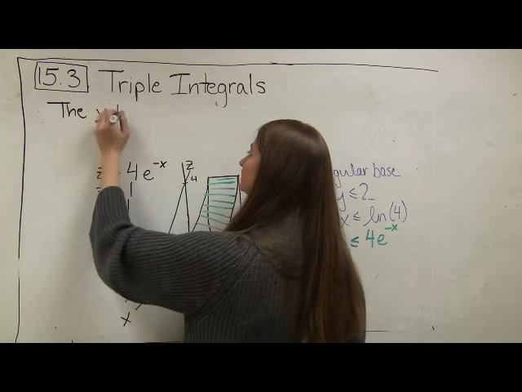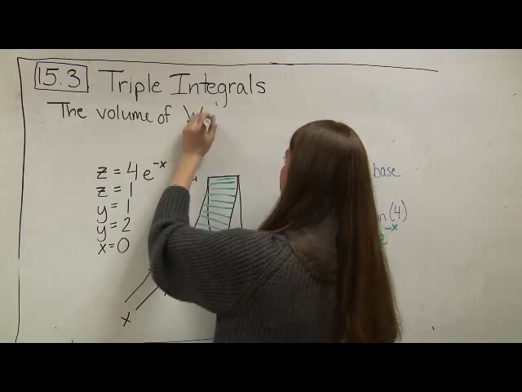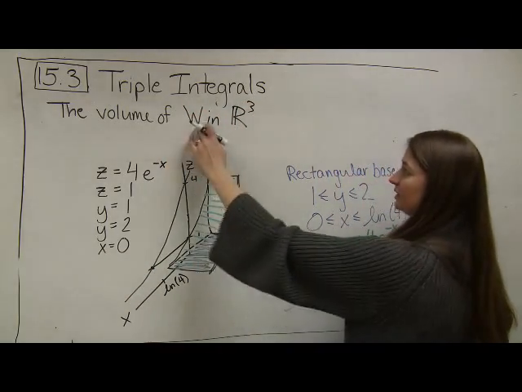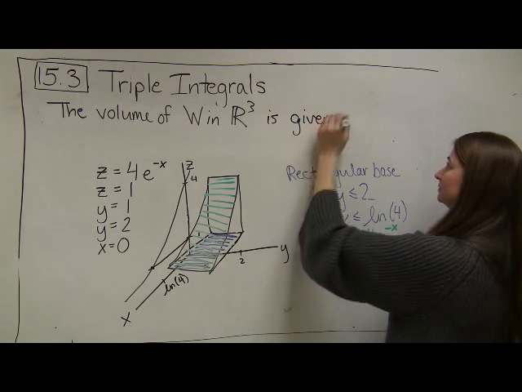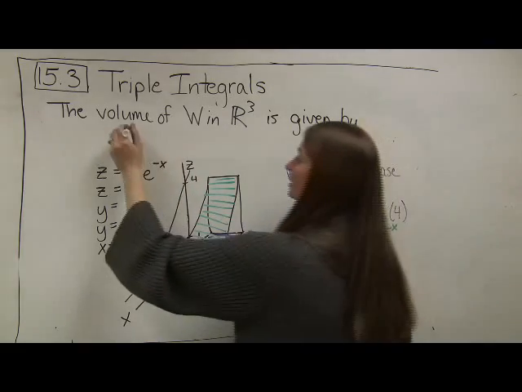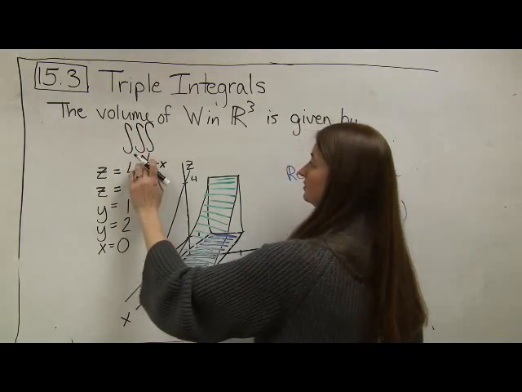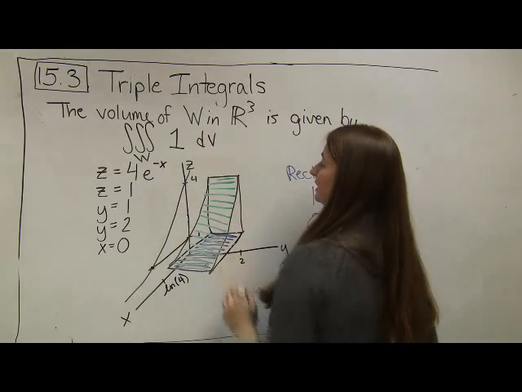The volume of W in R3, so in this case the skateboard ramp, is given by the triple integral, where my bounds are the bounds of W, over 1 dV.